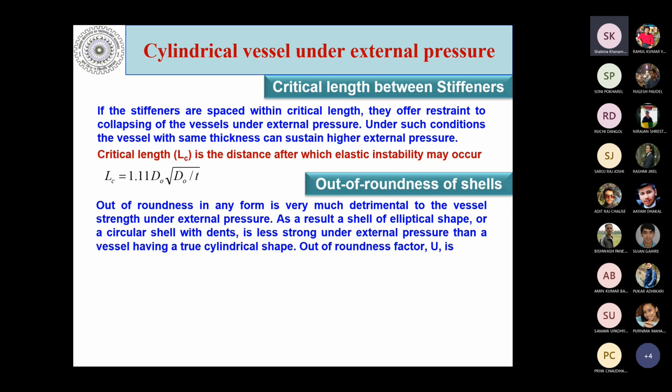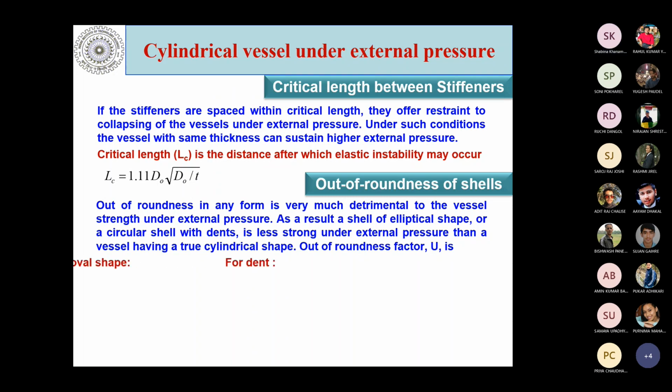So out of roundness may be considered when I have a non-uniform circumference, either an elliptical shape or a cylindrical shape with a dent. All these we need to consider. Out of roundness is a very important parameter in design.